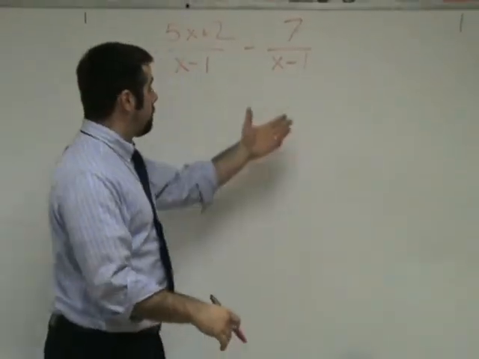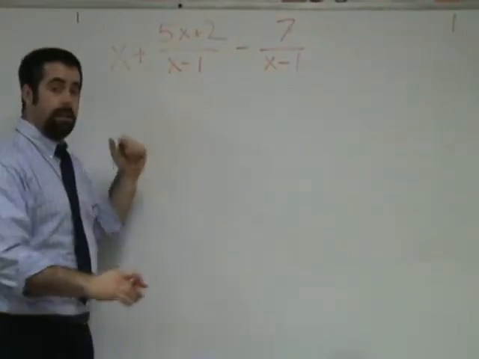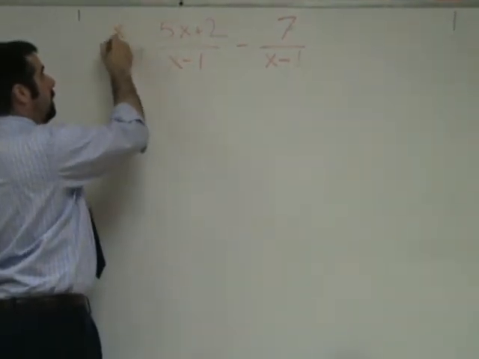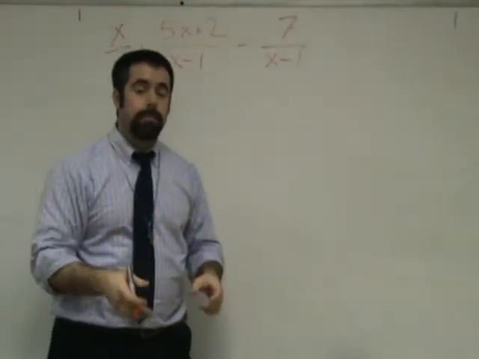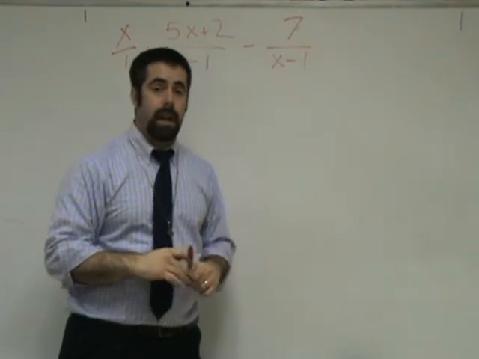Again, the first thing I want to do is make everything a fraction, so I'm going to change my x term to be x over 1. Now look for the least common denominator.